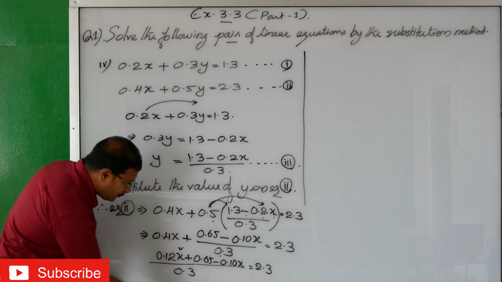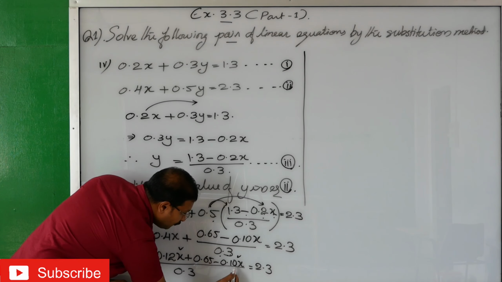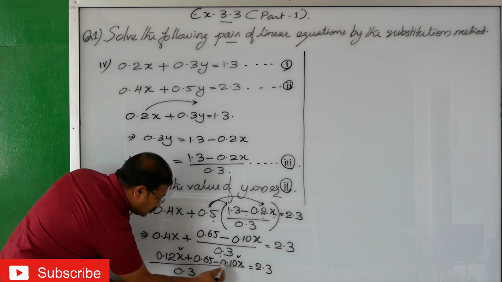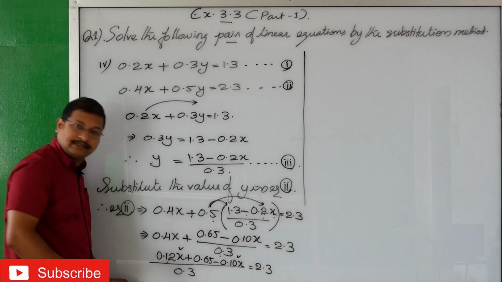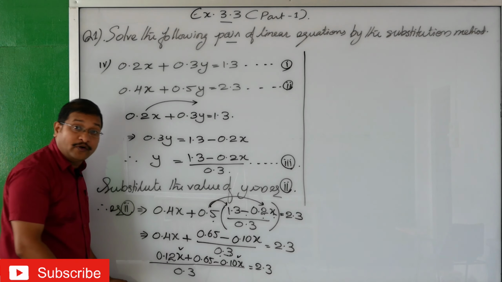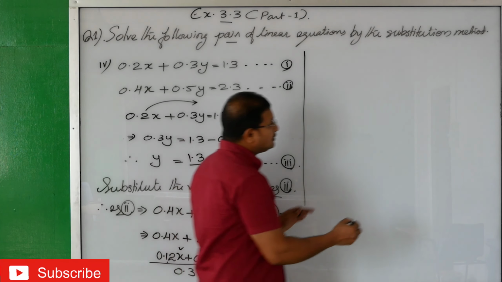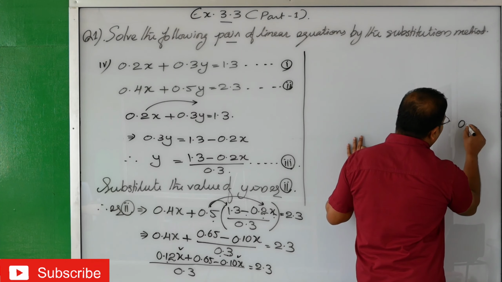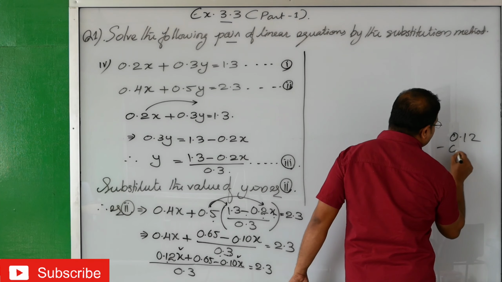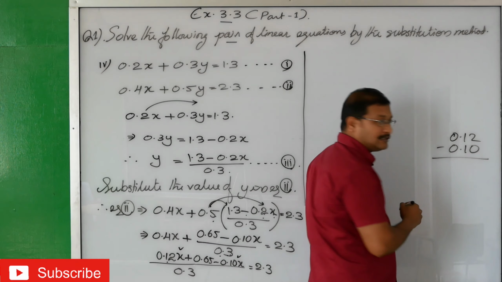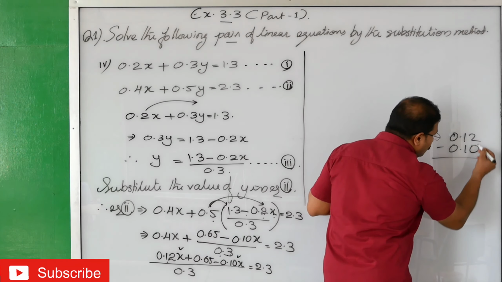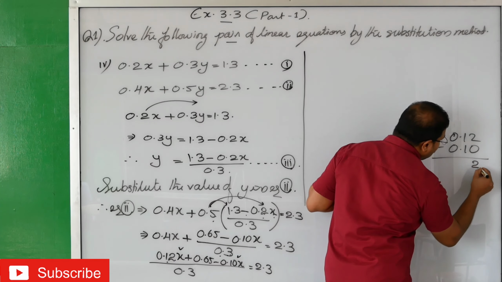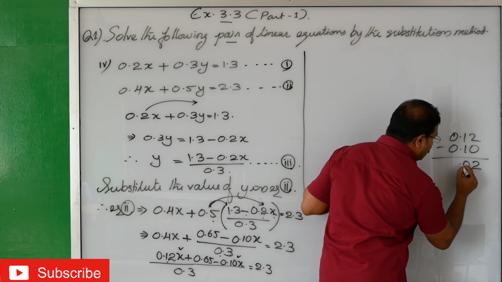What I'll do means 0.12x and 0.10x will join. This is plus and minus. See, plus and minus. What will you do? Minus. That means 0.12 minus 0.10 will be subtracted. 2 minus 0, 2, 1 minus 1, 0.